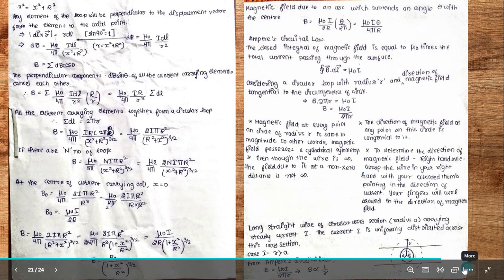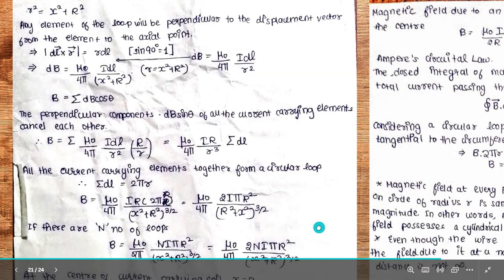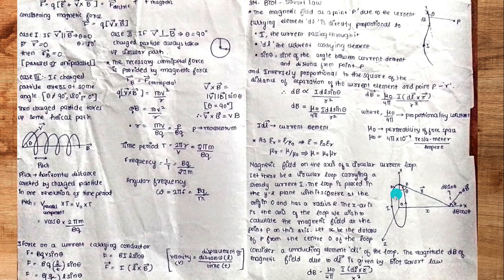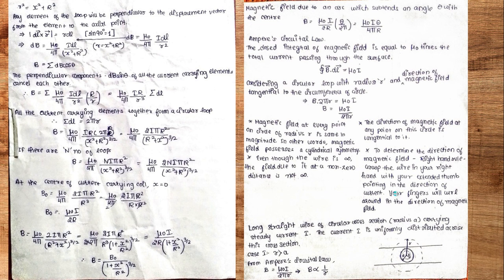Now, any element of the loop will be perpendicular to the displacement vector from the element to the axial point.